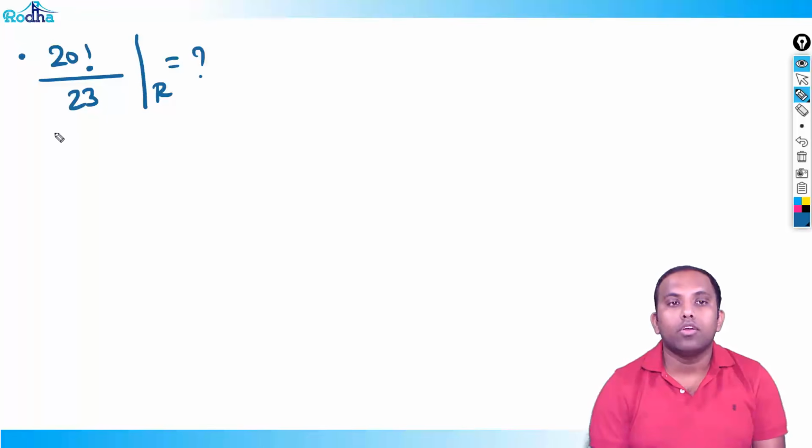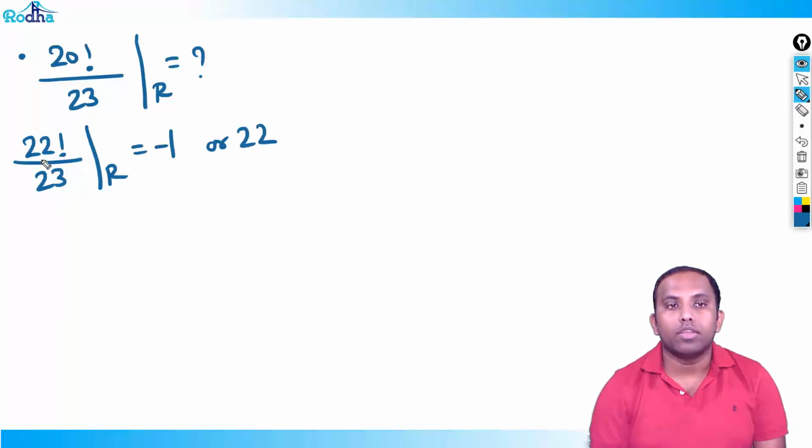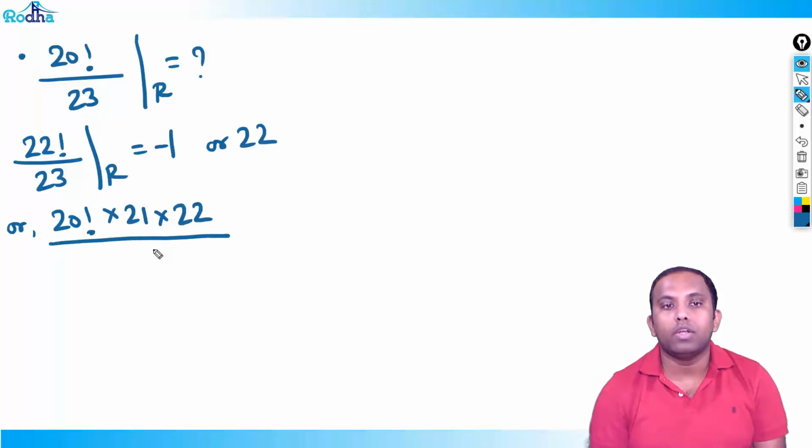I know that for 22 factorial by 23, the remainder would have been minus 1 or 22. So this 22 factorial I can break as 20 factorial into 21 into 22, divided by 23. And then the remainder is minus 1 or 22. So this is minus 2.